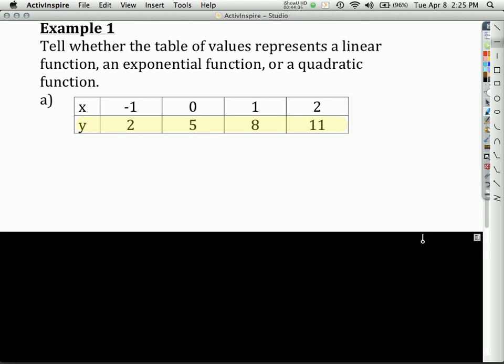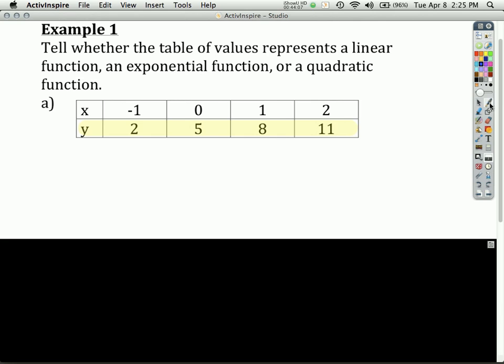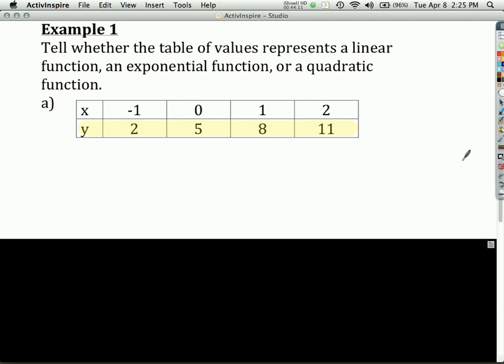So we are going to take a couple of minutes to just explore the y values. We're going to do a couple of tests. The first test we're going to do is called calculating the first differences.